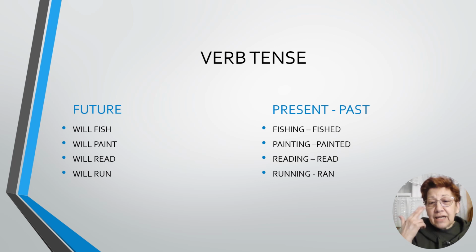You're probably saying in your head right now, okay, wait a minute. In the future, it says read. Over here, we're seeing read again, but guess what? That's not how you pronounce it this time. For the past, we're not going to say read again. Now, if you're going to use it in the past, you're going to say red.